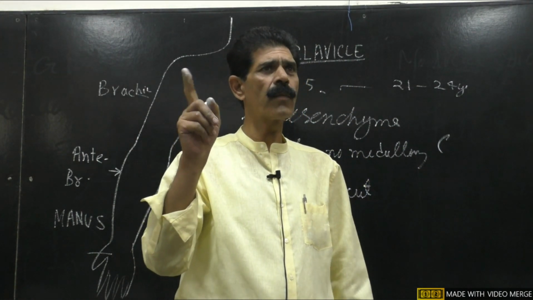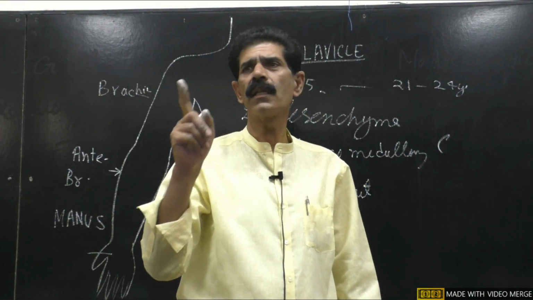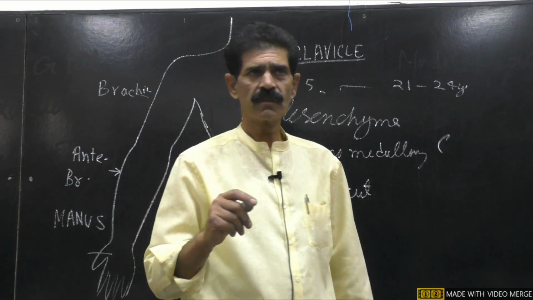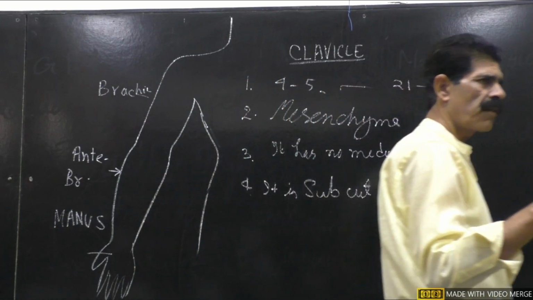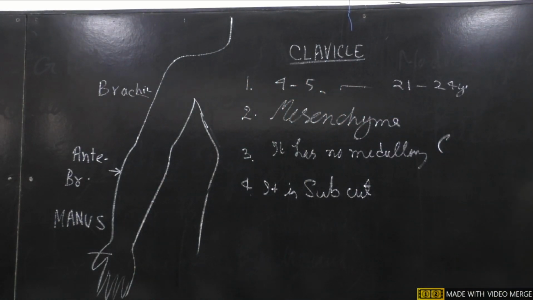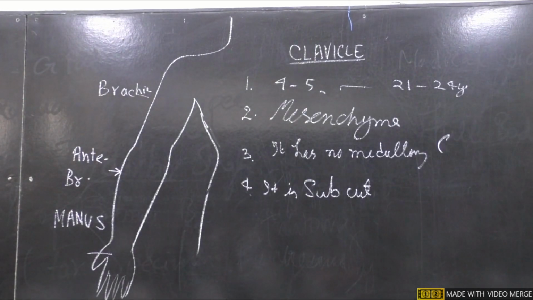No other bone in the human body has a subcutaneous position. All are either covered by muscle or something else. But this is the only bone you can touch from the medial end and feel below the pulp of your fingertip till the lateral end. So it is called subcutaneous. Sub means below, cutaneous means the skin.